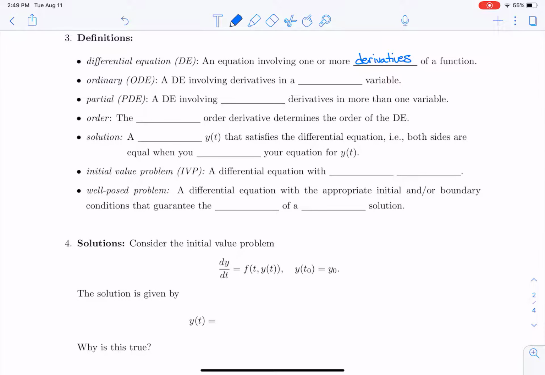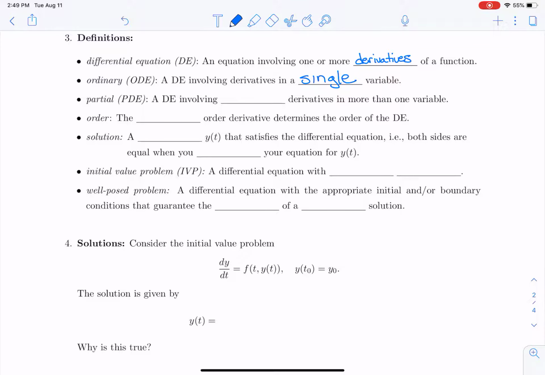Now, we're going to be studying ordinary differential equations this semester. That's a differential equation that involves derivatives in a single variable. Most of the time, the variable we're going to use is t, because we're usually interested in rates of change over time. So time will usually be the variable we're working with, and our differential equations are only going to have that one variable, time.